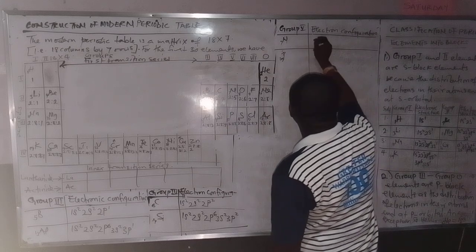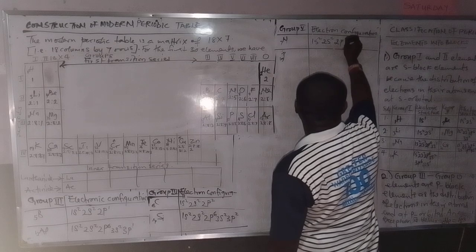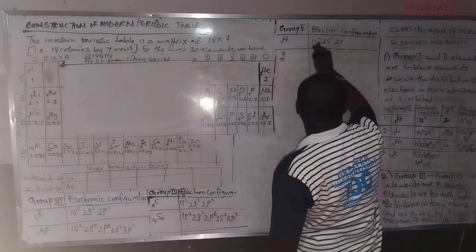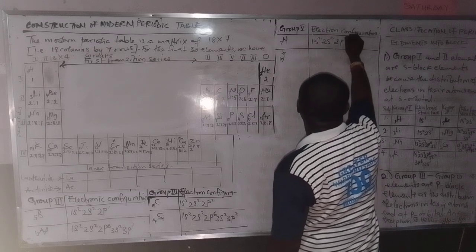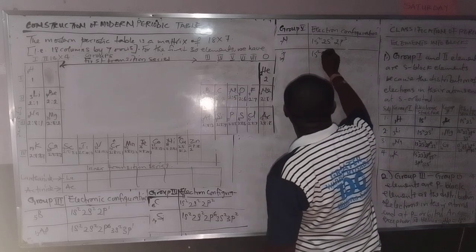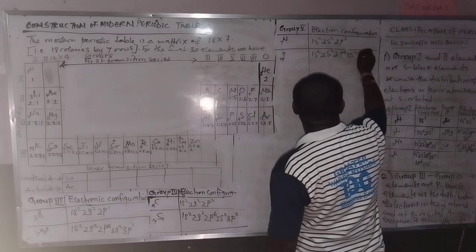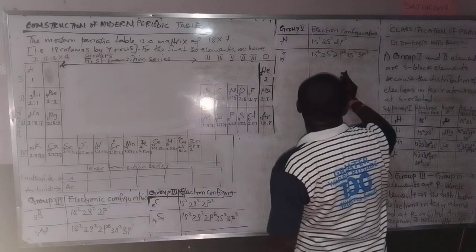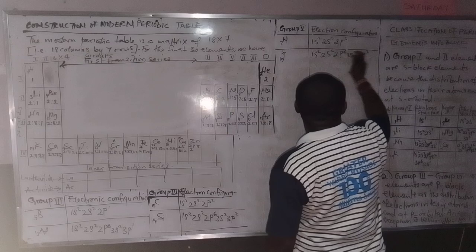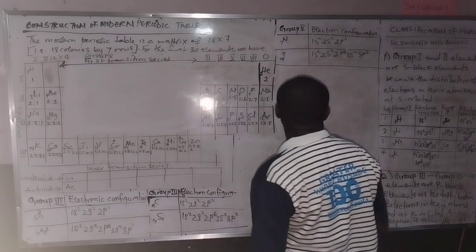For nitrogen 7 we have 1s2, 2s2, 2p what? 6? No, 2p what? This is 4 already. I need how many? 3 to make 7. Then this is 15. I have 1s2, 2s2, 2p6, 3s2, 3p3. 6, 7, 8, 9, 10, 11, 12, 13, 14, 15. So that is that.